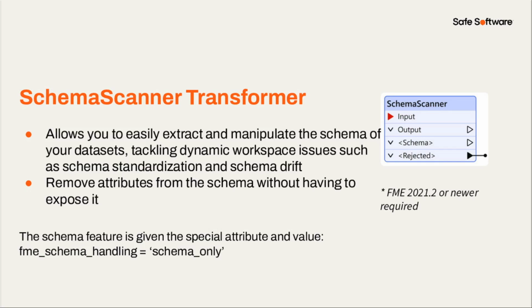It processes features and retrieves the schema of features that pass through it. The resulting output is a new schema feature that comes out of that schema port. That new feature is also given the special attribute and value, fme_schema_handling. That tells the writer later in your workflow that this is only to be used as a schema, and it won't write out any of the features there to your data set.